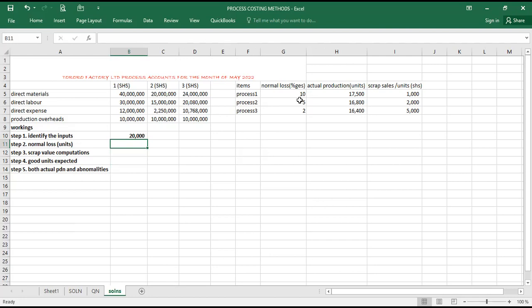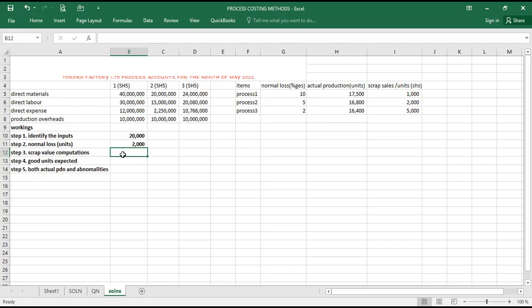So we get our equal sign. They told us it is 10% of the input. And we get that, there are 2,000 units.